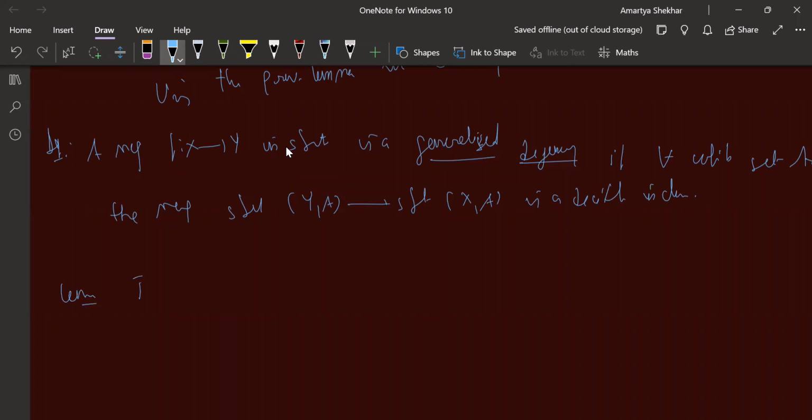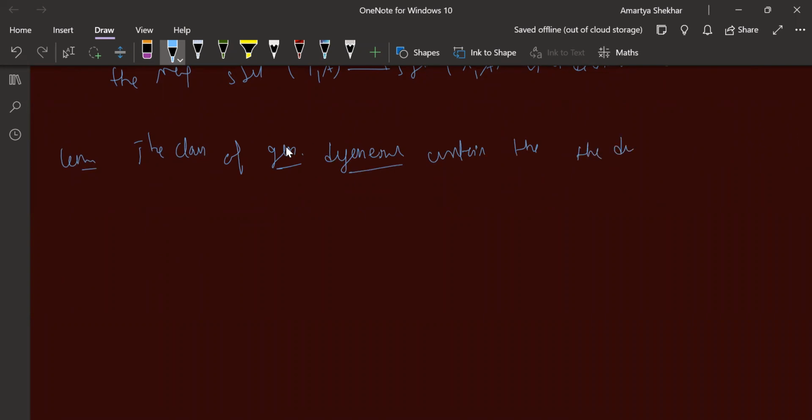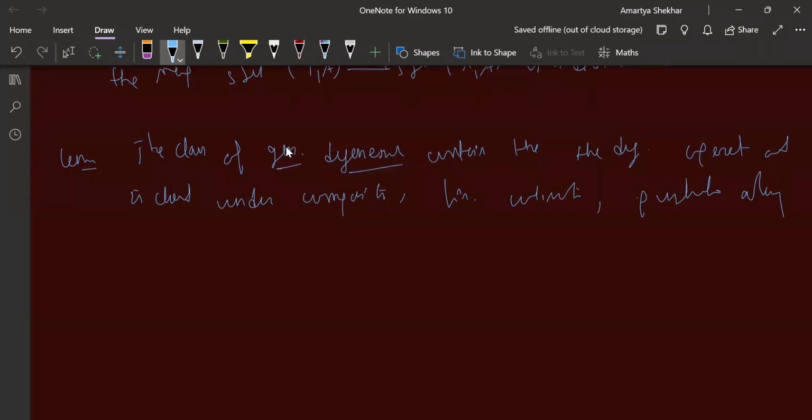So lemma, the class of generalized degeneracies contains the degeneracy operators and is closed under composites, finite products, and push outs along arbitrary maps, and also retracts.